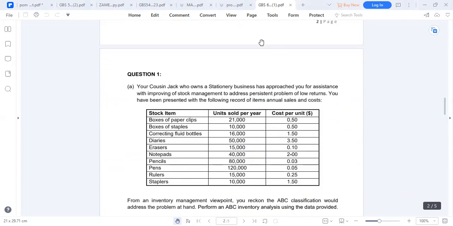So getting down to the first question, which is on inventory management, the classification of inventory.